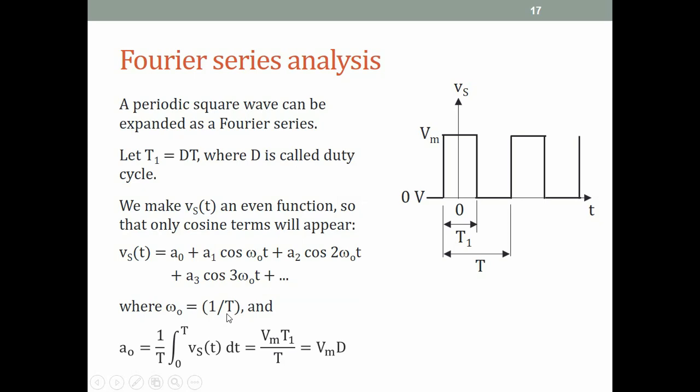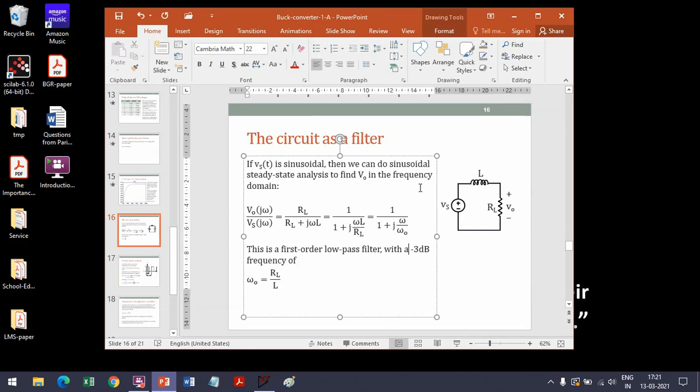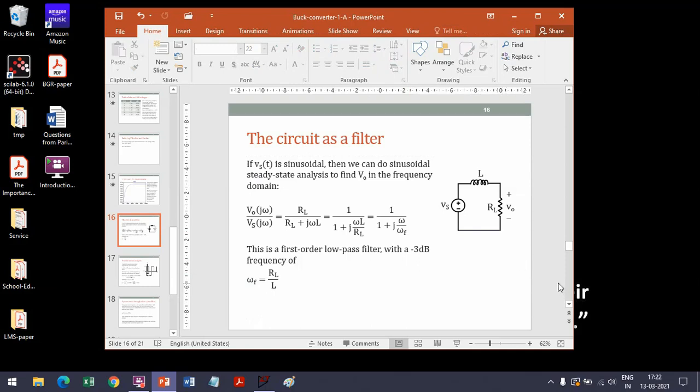I did a slight mistake here. Let me go back and correct it. I should not call the filter frequency omega naught, because this is a different omega naught. Let us call it omega f, just something, so that it is different from the frequency of the oscillation.